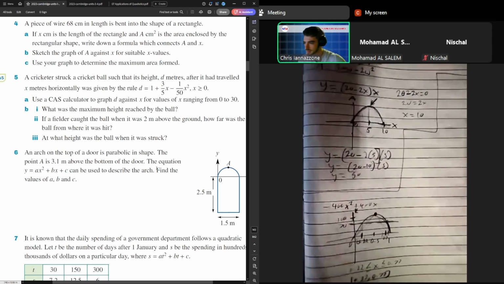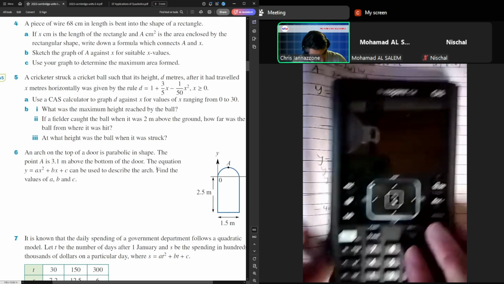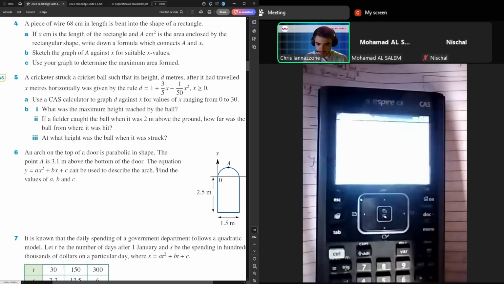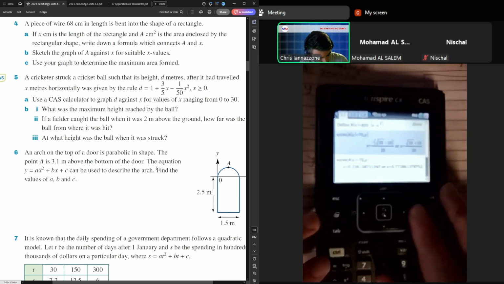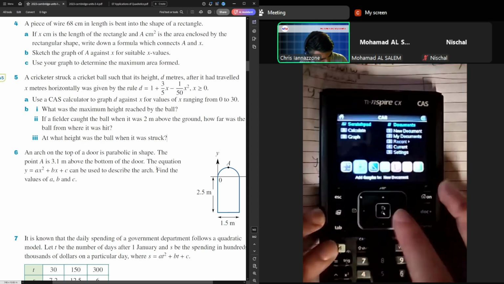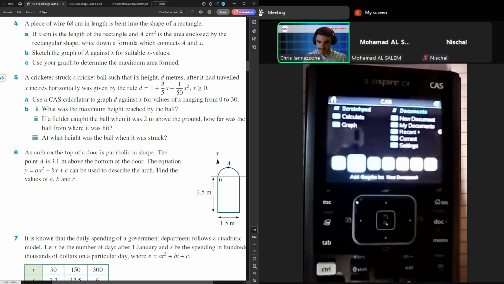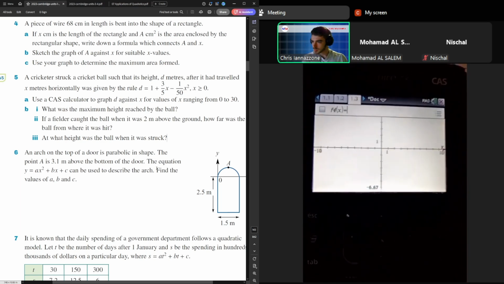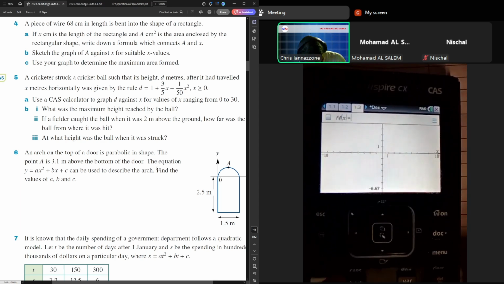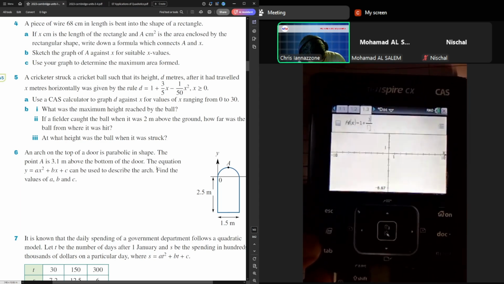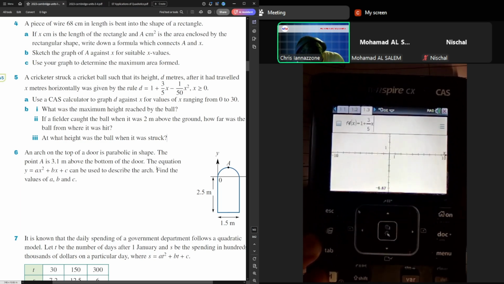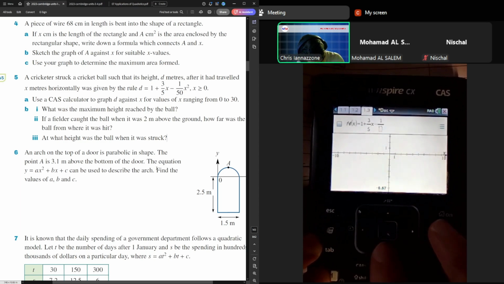Okay, so I'm going to go to the handwritten notes, and all I'm going to do is start by just sketching that function that was given to us. Okay, zoomed in, nice. So we have 1 plus 3 over 5x minus 1 over 50x squared.